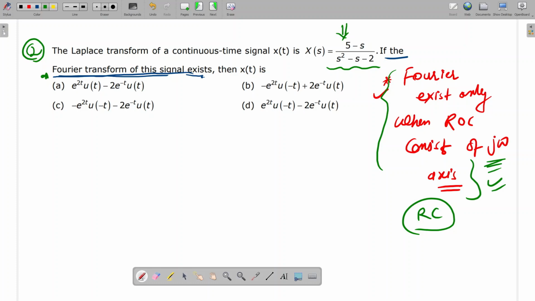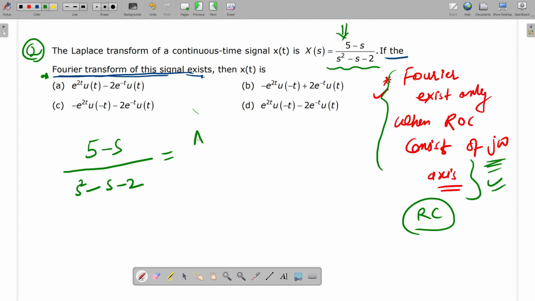You can try. First you can factorize this one. I'm doing the factorization also. 5 minus s divided by s square minus s minus 2.